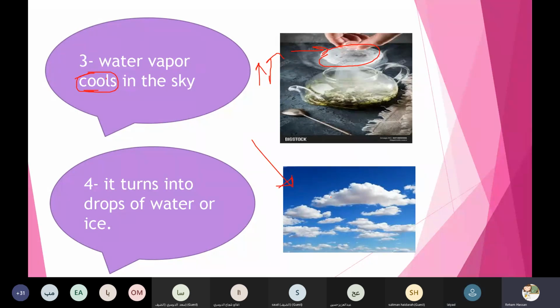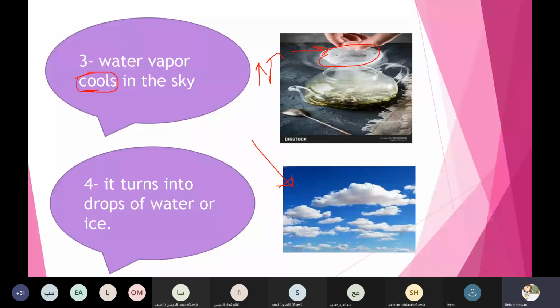Thanks a lot. Yes, Ali Gamal? Yes, teacher. So, Ali, number 3 in the water cycle. The water vapor cools in the sky.